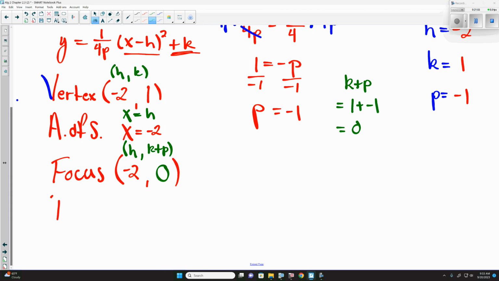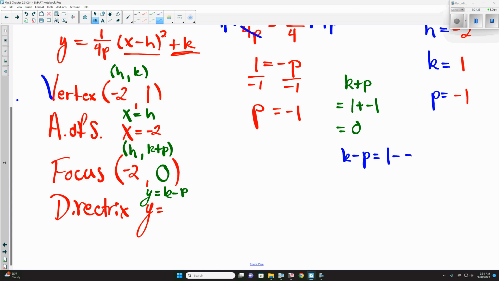And lastly, for this here, the equation y equals k minus p, yes? So k minus p would be, well, the value of k is 1, minus p is -1.